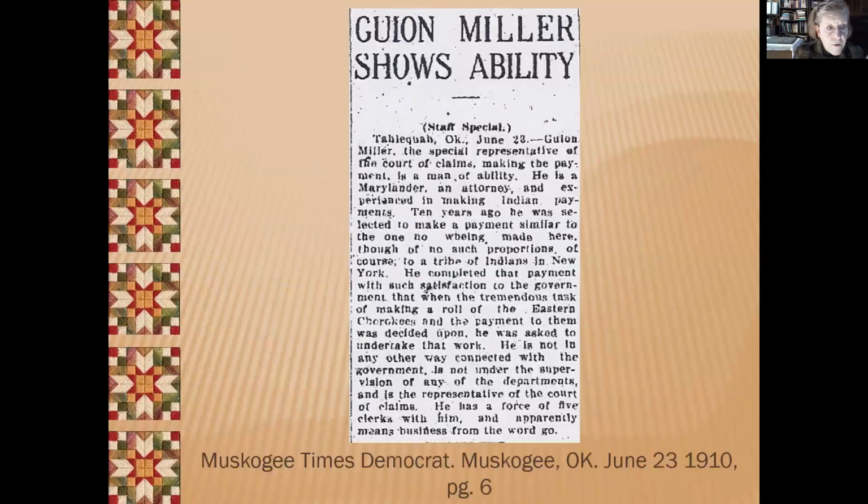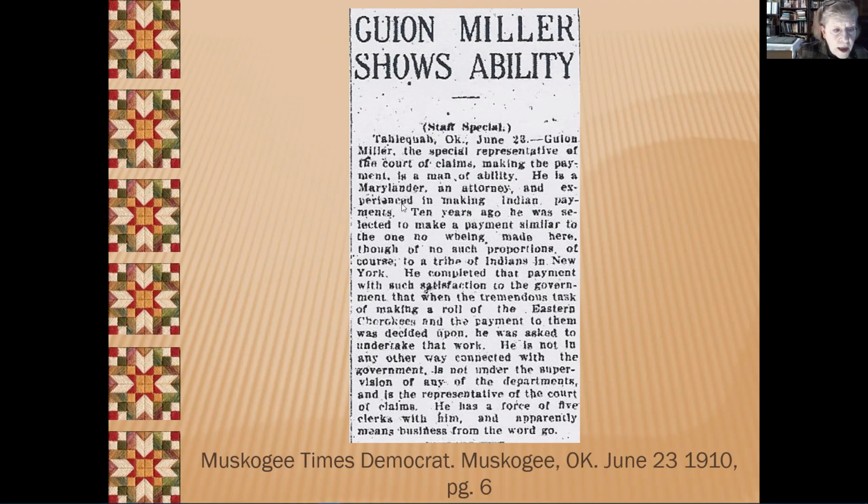I did find this article in the Muskogee paper, and I don't know if you can read it, but it was printed on June the 23rd, 1910 in the Muskogee Times-Democrat.